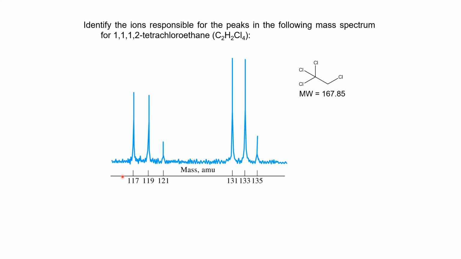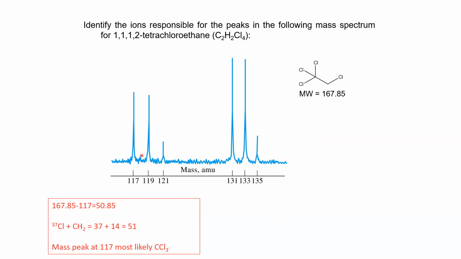So the first thing that typically you can do is to take the mass, the peak of this area, and then we're going to subtract that from the molecular weight to see what's been removed. So 167.85 minus 117 is equal to 50.85. So how would we get to that?